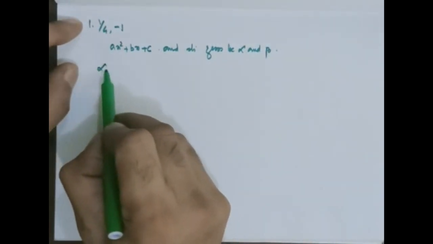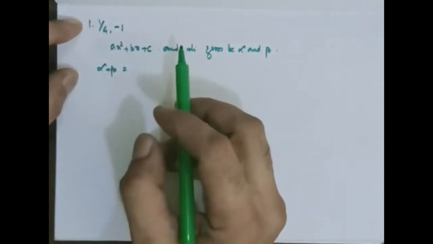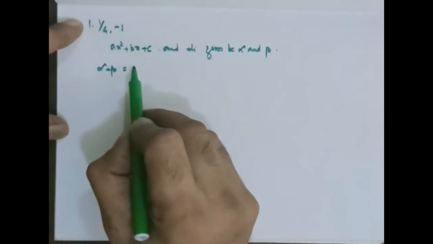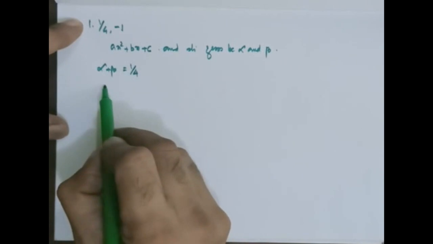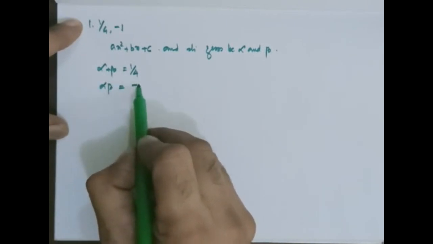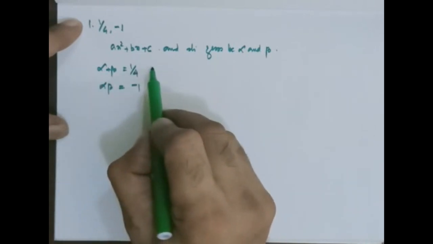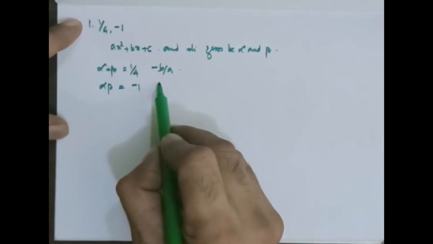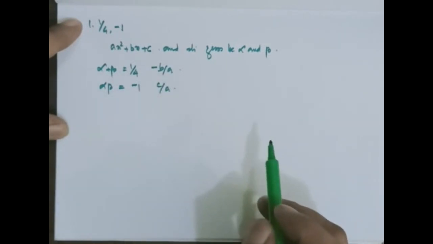So what is alpha plus beta? That is the sum of the zeros. It is 1 by 4, and alpha beta equal to minus 1. So alpha plus beta, that is minus b by a, and alpha beta is c by a.